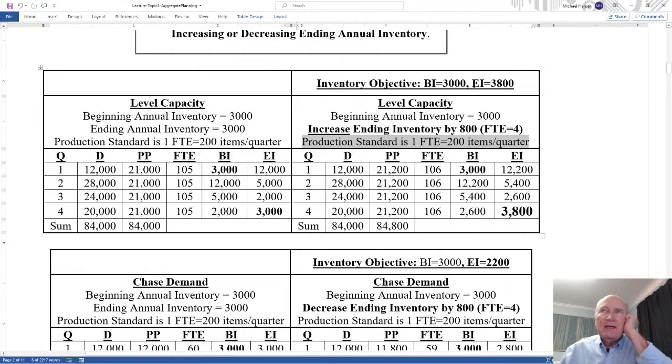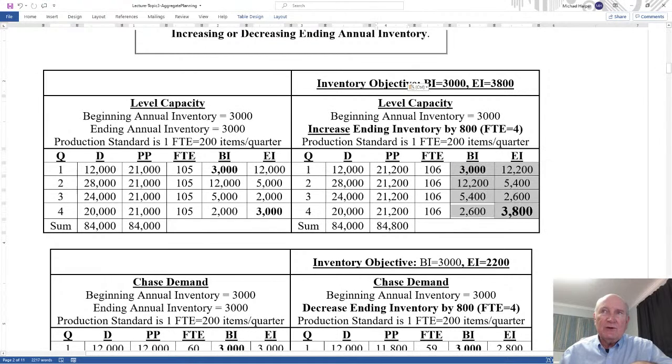One way is to take the extra 800, put it in the total annual production, 84,800, and divide that by 4. So I have 21,200. So I start with the total annual production. I divide that by 4 to get my quarterly production, divide those by my production standard to get my FTE labor, my capacity.